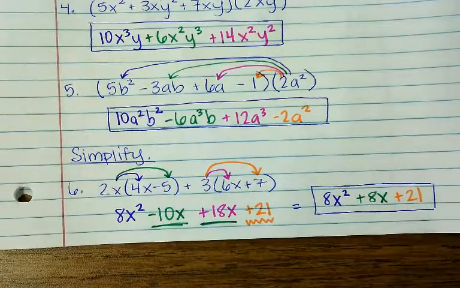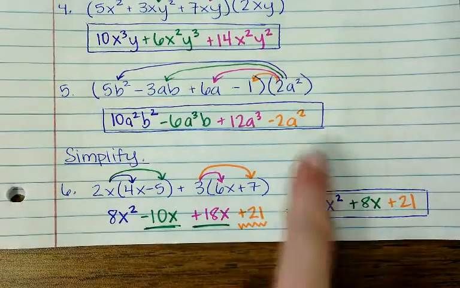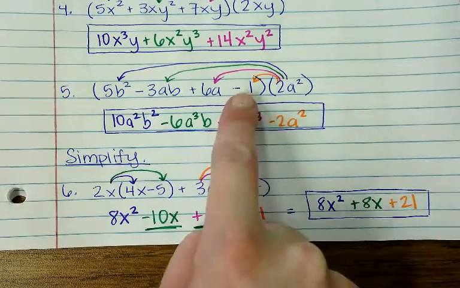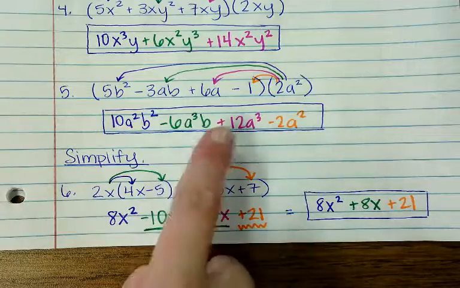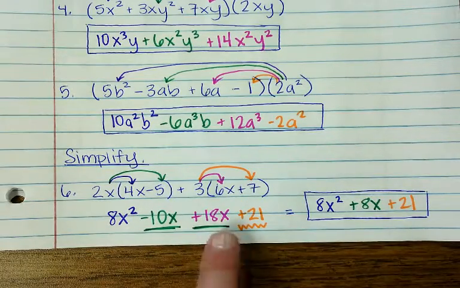All right? And guys, the important thing to notice here is when you multiply monomials, you do change your exponents. But when we add or subtract, do we change the exponents?